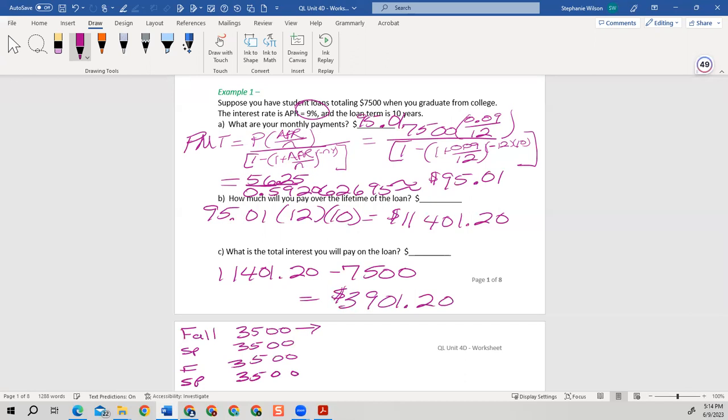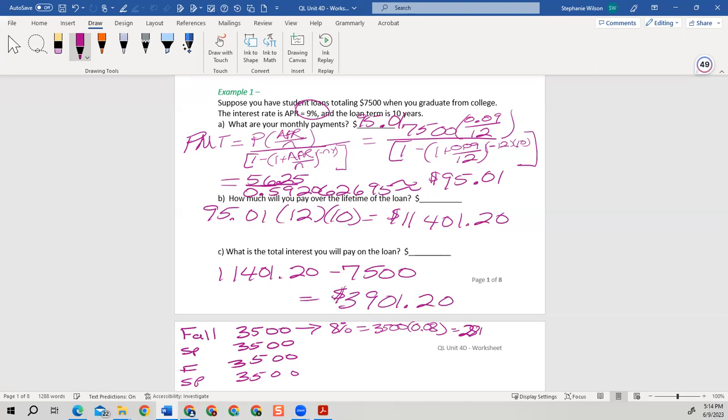So say they're going to charge you 8% interest, then that means we're going to take that $3,500 times 0.08. And this is how much your actual interest is on that one loan. It should be 30... okay, it's going to be 280.